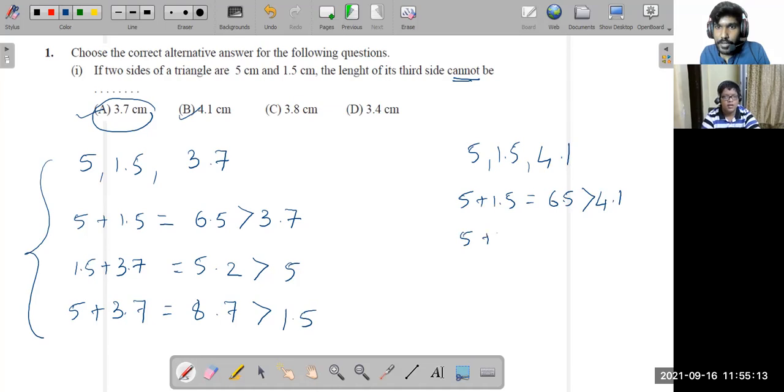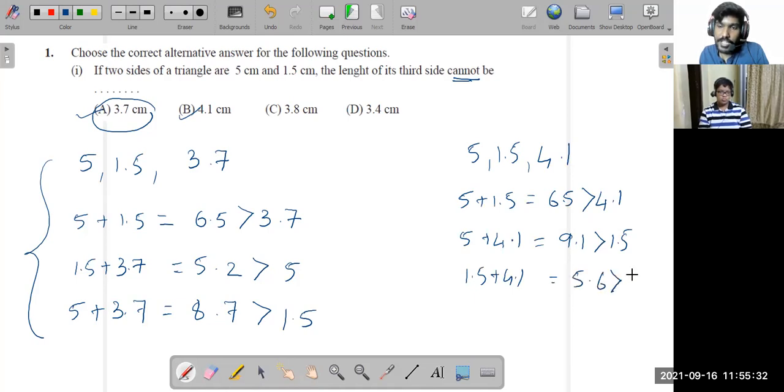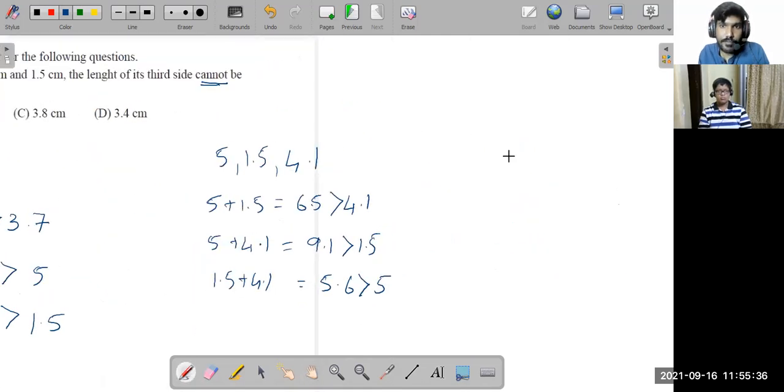You add 5 plus 4.1, this is 9.1, which is greater than 1.5, and 1.5 plus 4.1 will be 5.6, which is again greater than 5.